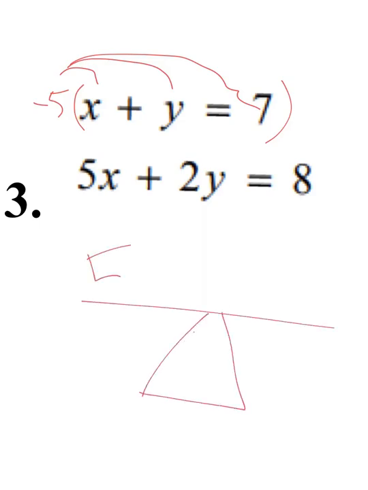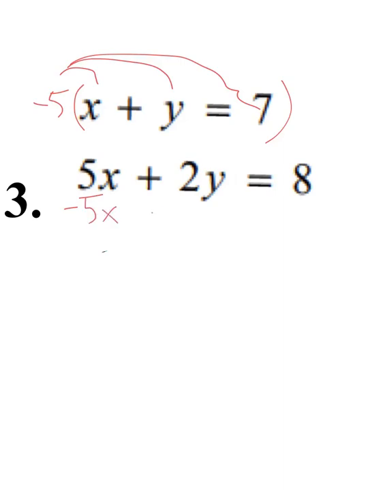So if I multiply something by 5 on this side, I need to multiply it by 5 on that side. So don't forget to multiply 5 times 7. So I'm going to rewrite the equation right here. -5x minus 5y equals -35.